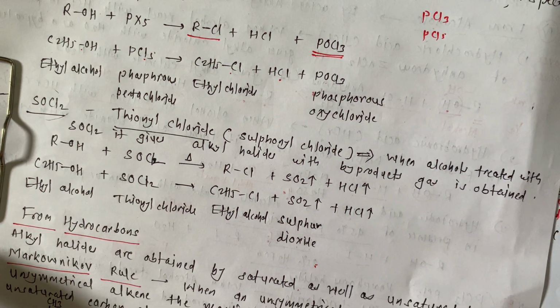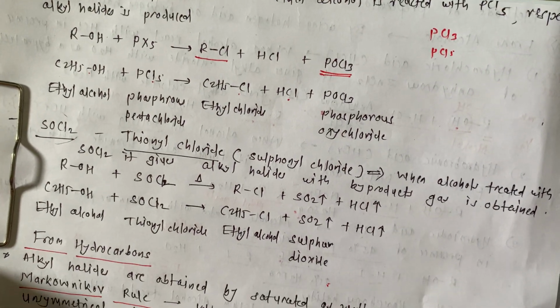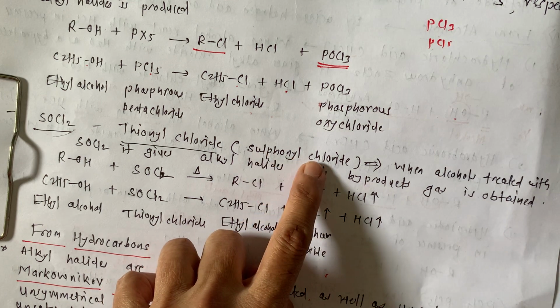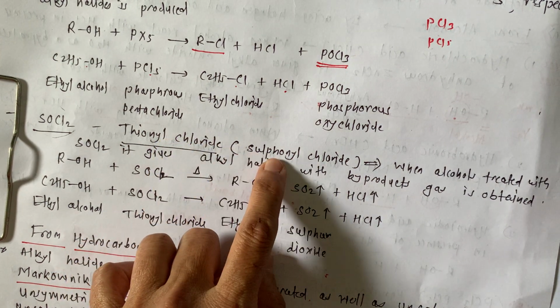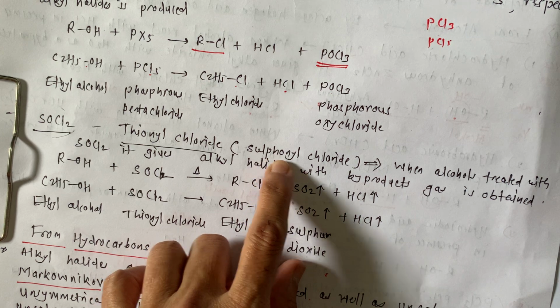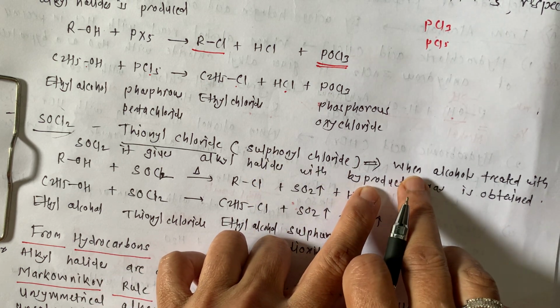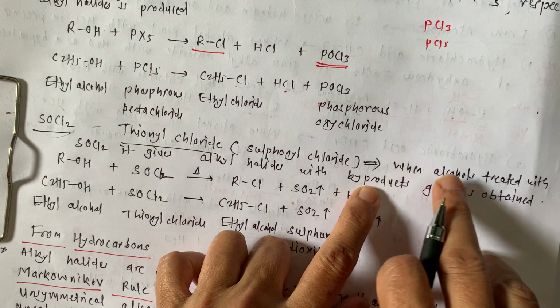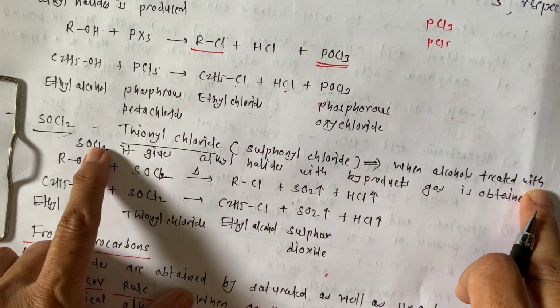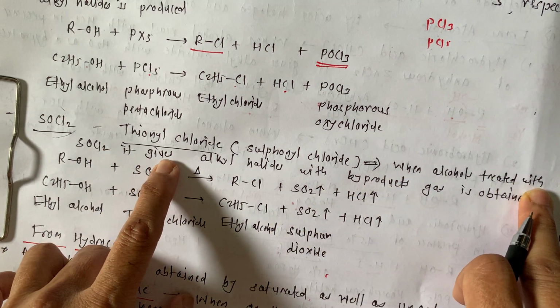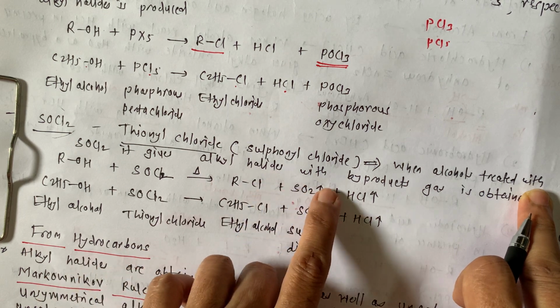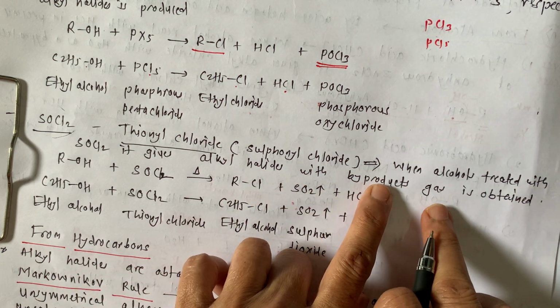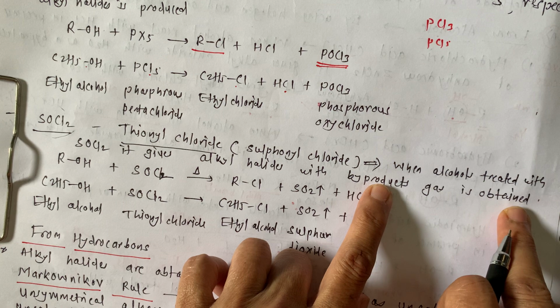This is also known as sulfonyl chloride. Remember this thing. Thionyl chloride is also called sulfonyl chloride. Now what is the explanation? The explanation is when alcohol is treated with SOCl2, it gives alkyl halide with the byproducts being gases.